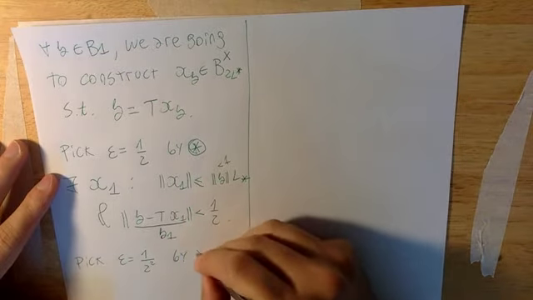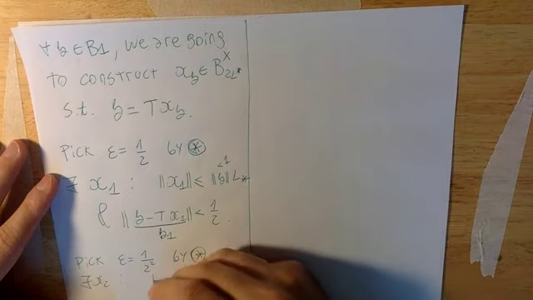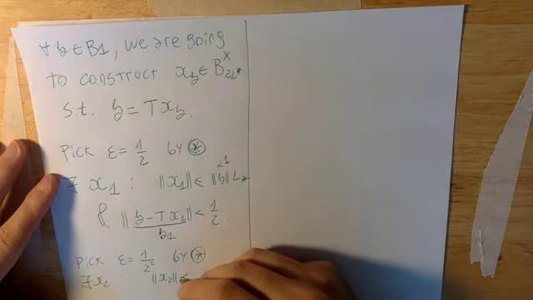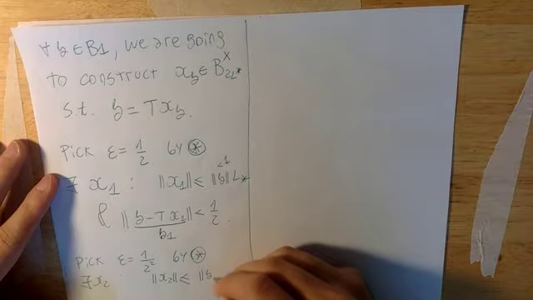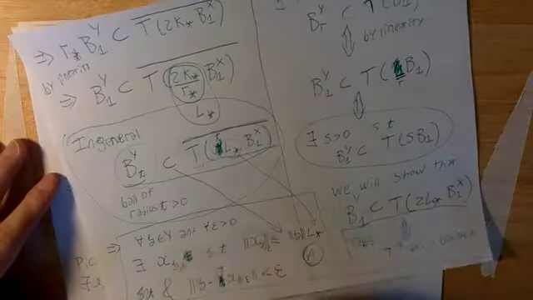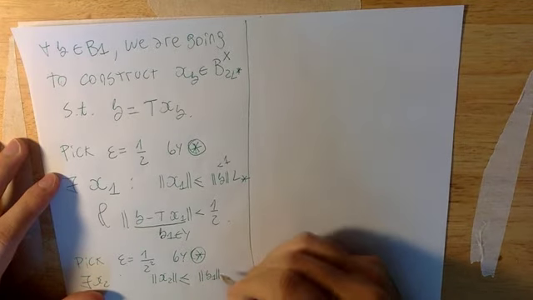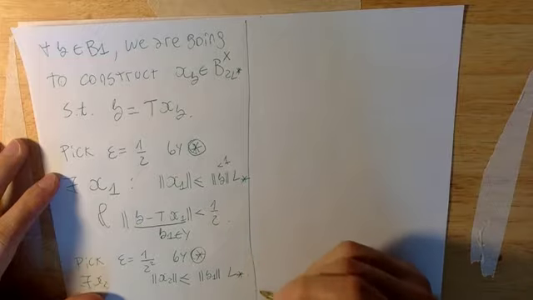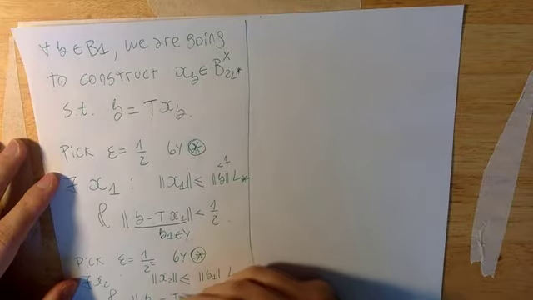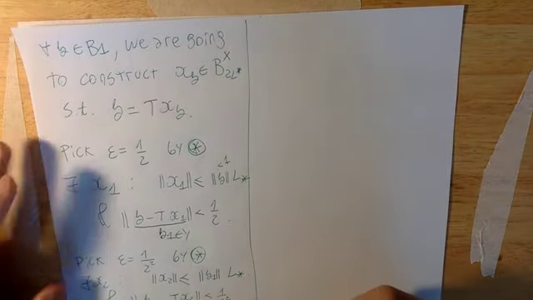Then by star there exists x2 such that the norm of x2 is less or equal than the norm of y1 times L star, and y1 minus T of x2 is less than 1/2 squared.